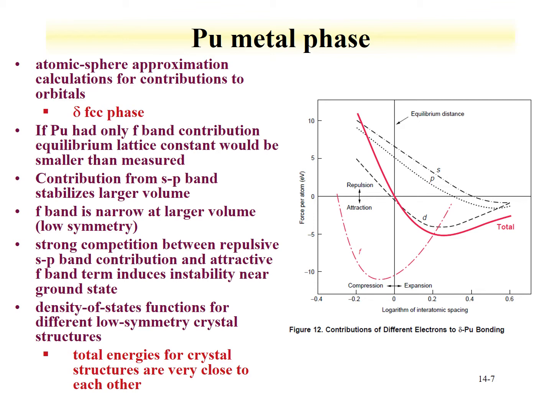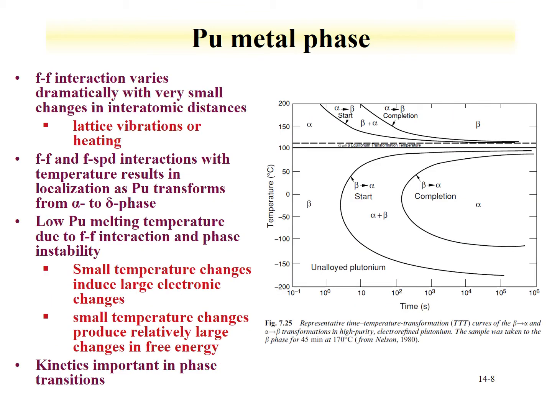If you think about it in terms of a Boltzmann distribution, you can start promoting electrons to higher energy states, so that they can occupy different orbitals, different bonds, different bands, and for plutonium metal, that's going to manifest itself in different crystal structures. As we mentioned, these f electrons' behaviors change with lattice vibrations or heating, so they can be reached by just heating the sample of plutonium, resulting in these different phases.